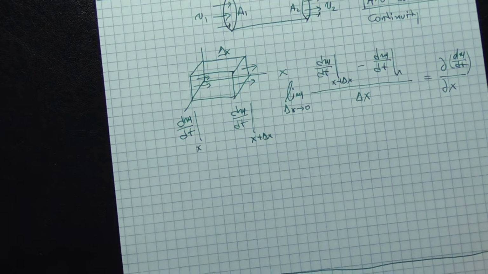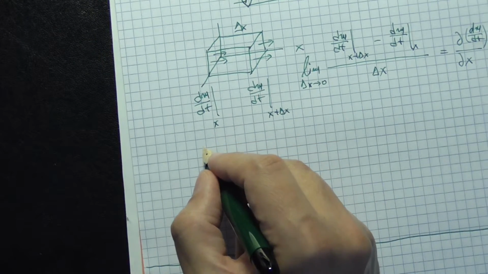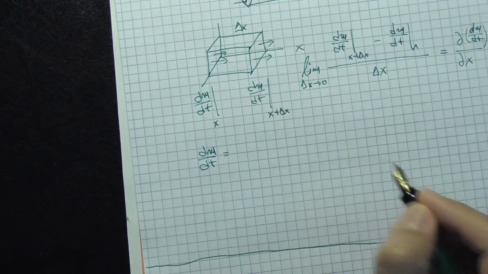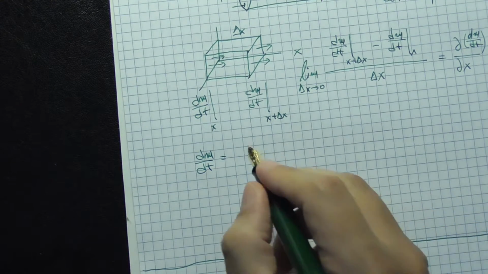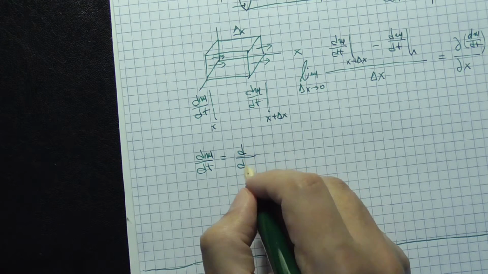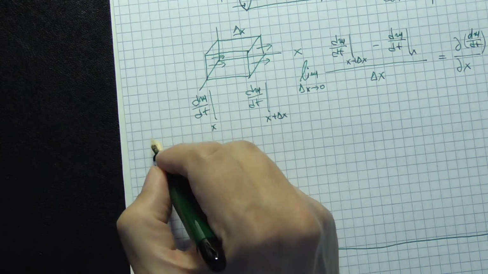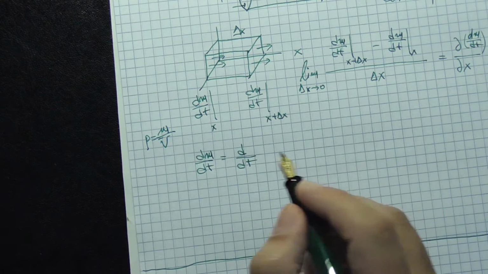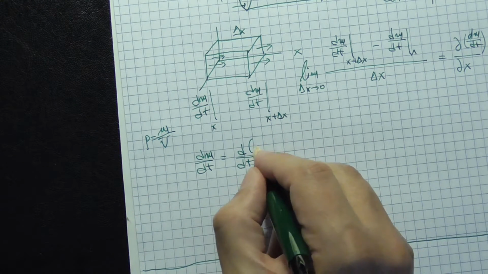Now, dm dt, we did this before. We said that m is the density times the volume. Remember, the density was mass over volume. So mass is the density times volume.